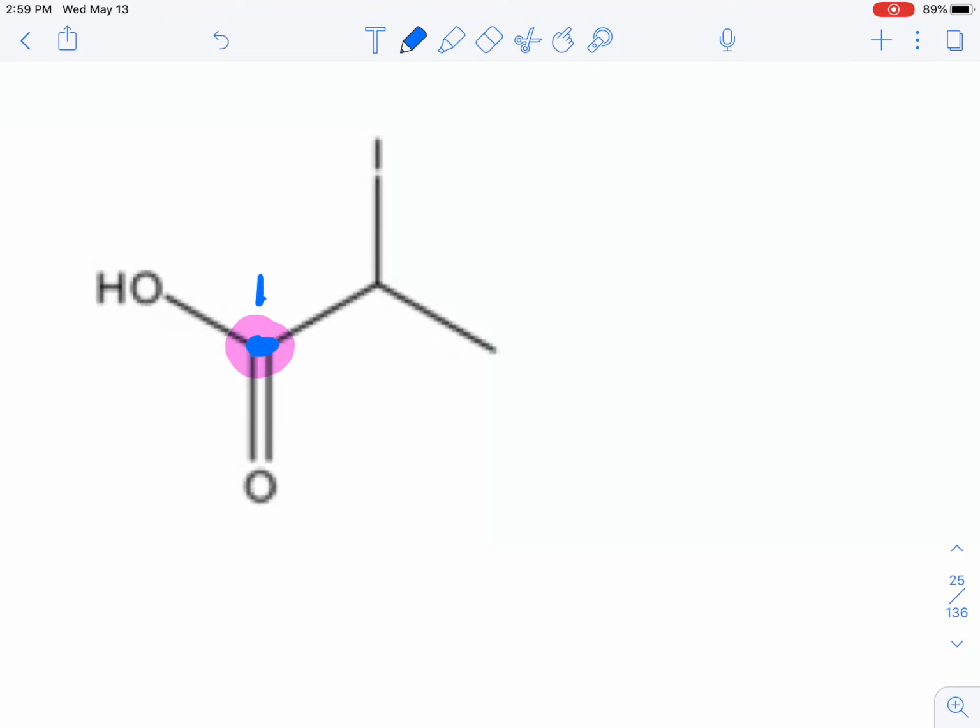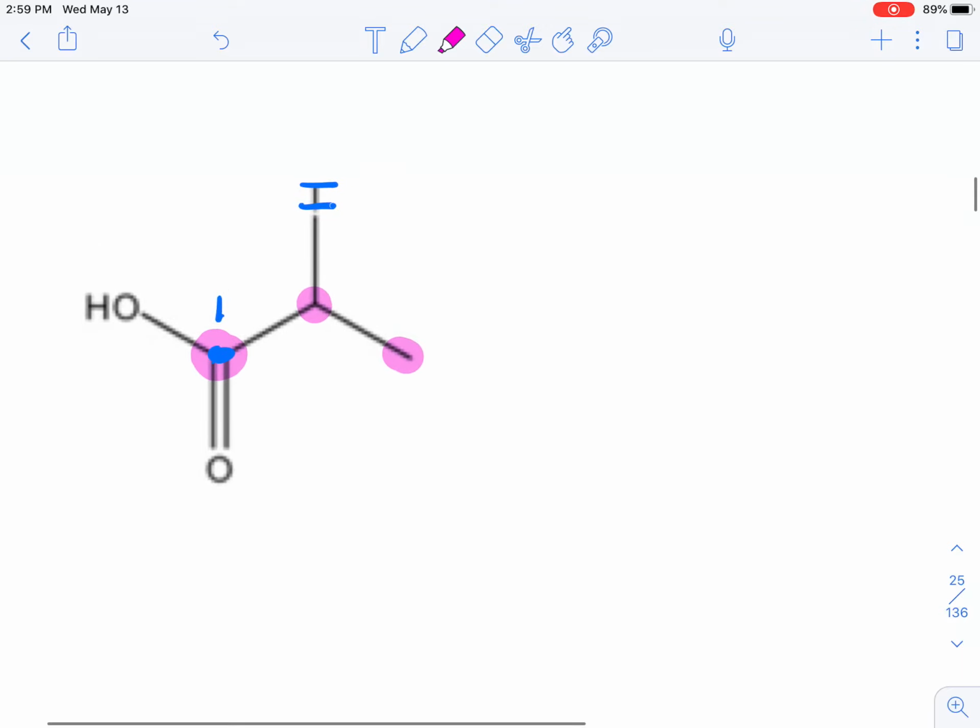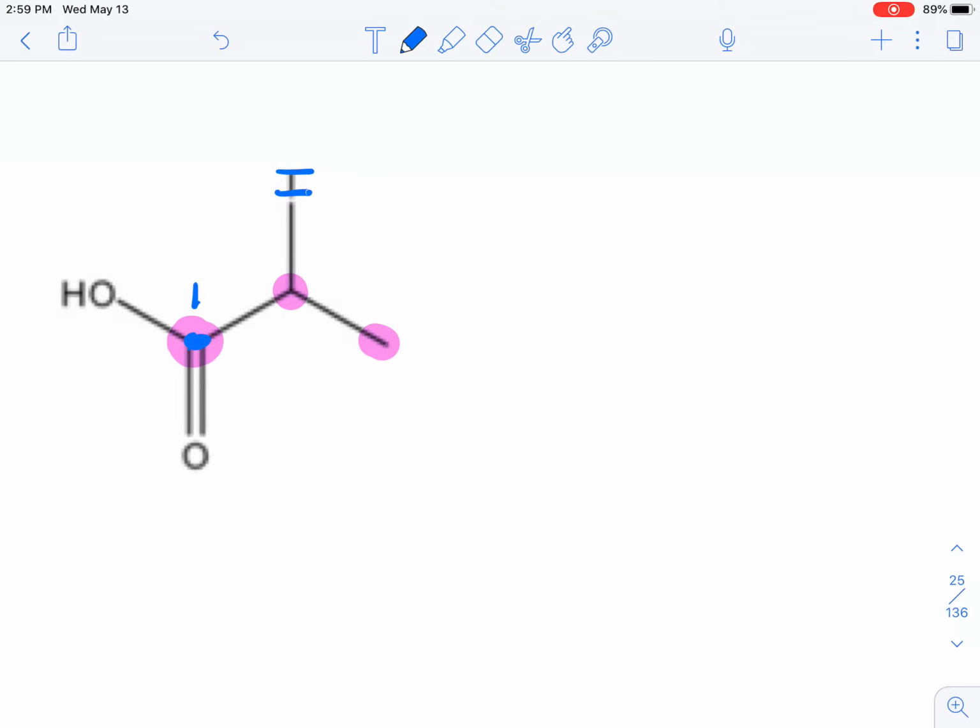Now this is the letter I. Okay, so that's iodine. And in this case, we only have a 3-carbon compound. And so we're going to use the prefix prop. And since we have a carboxylic acid, then that's going to be propanoic acid.